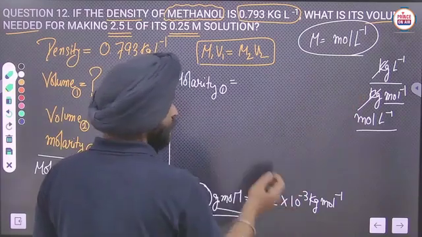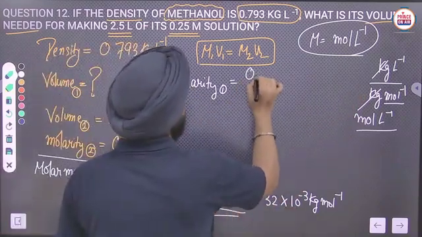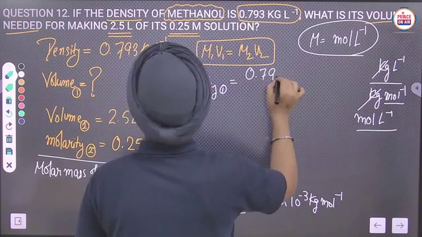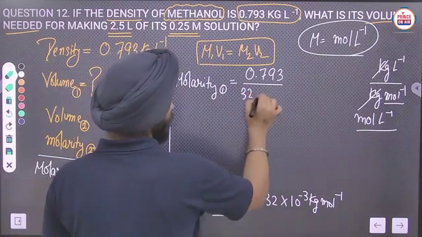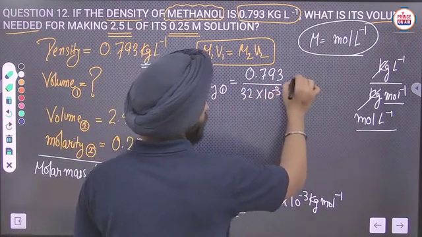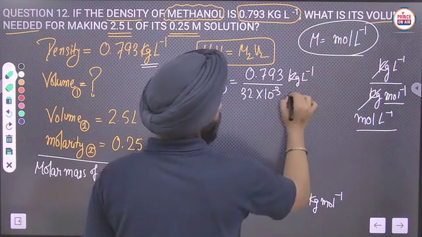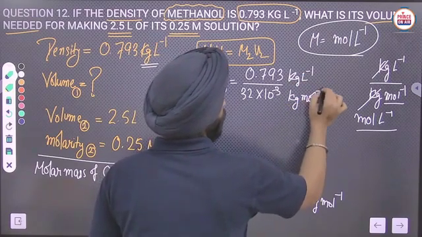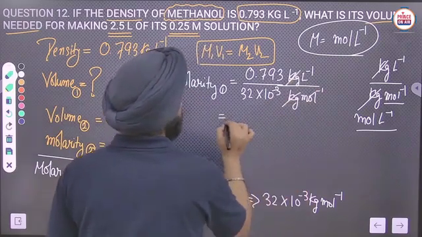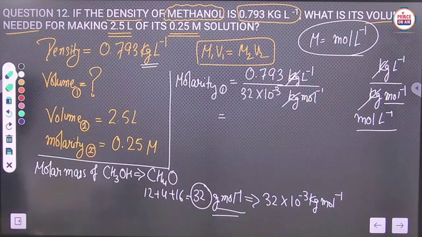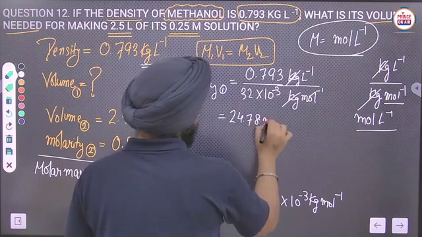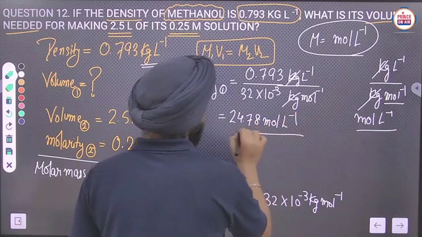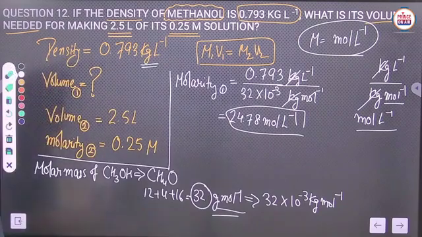See, the density is in kilogram per liter: 0.793 upon 32 into 10 raised to power minus 3 kilogram per mole. Just solve this calculation and you will get 24.78 mole per liter. That will be the molarity here.